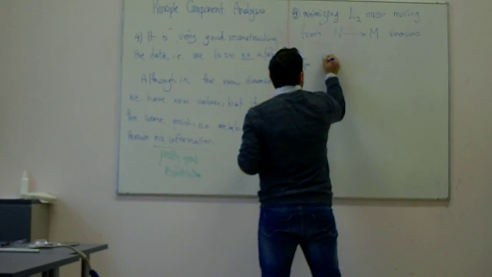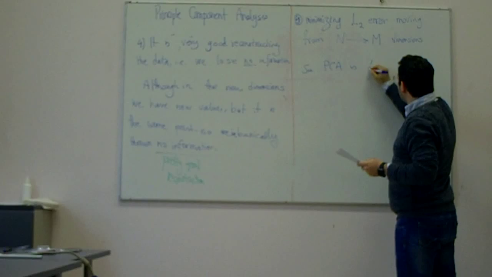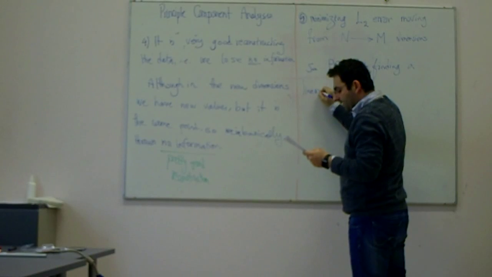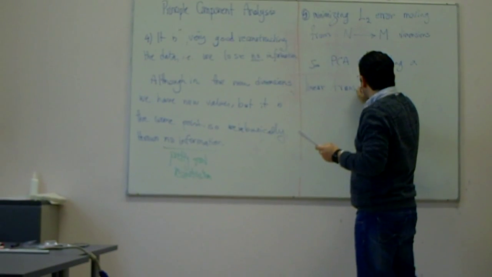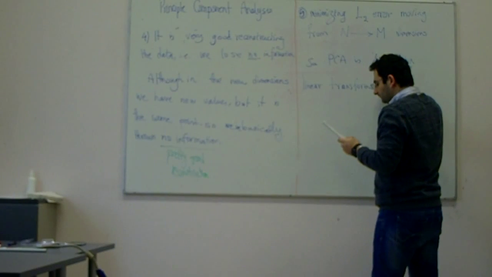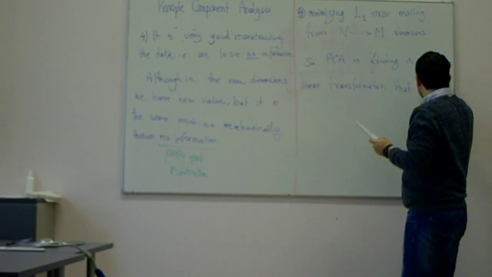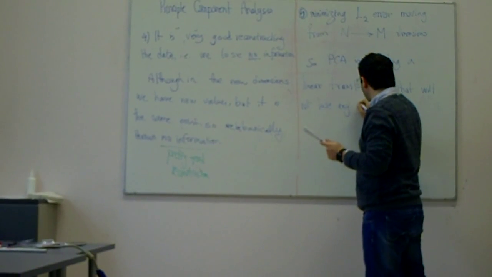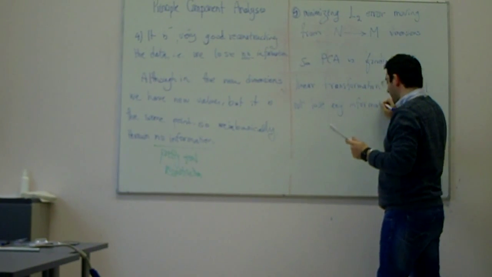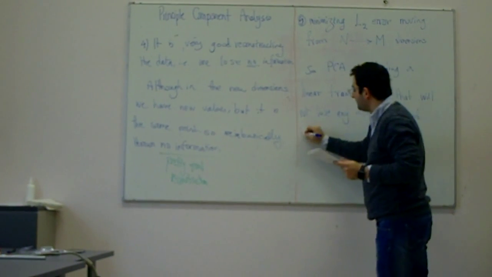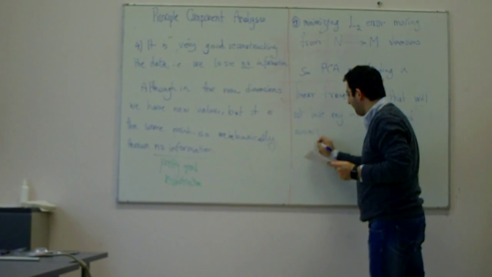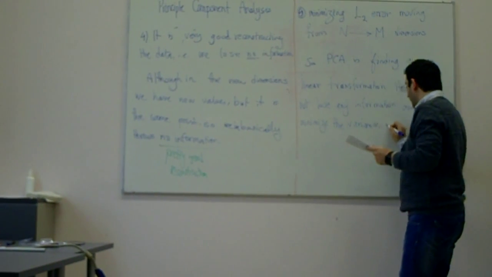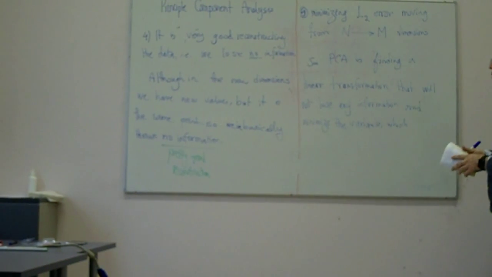So PCA is finding a linear transformation that principally will not lose any information, so no loss of information.